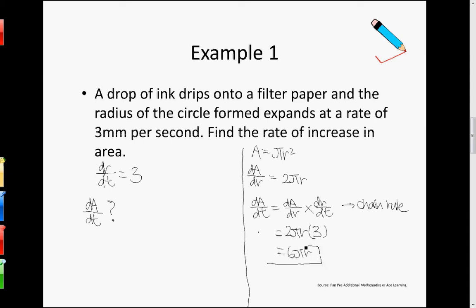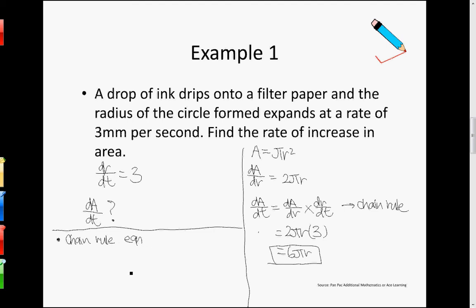In certain cases the question will also say find the rate of increase in area when it is at a certain radius, for example 3. All you have to do is sub in 3 for r. Basically, for connected rate of change problems, the most important thing is to find the chain rule equation.